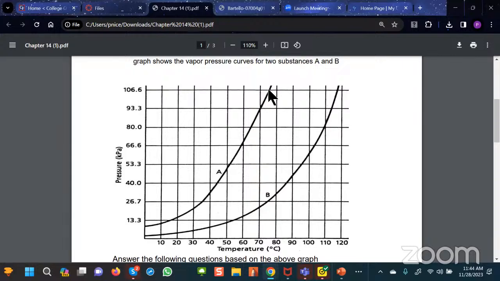So you have to drop a vertical line down. That looks like somewhere between 70 and 80. So by my estimation, I would say that's about 75, right? And so on and so forth. So if you understood those first three, then you should be able to do the rest of that question.